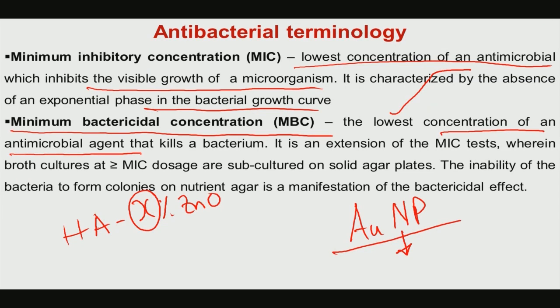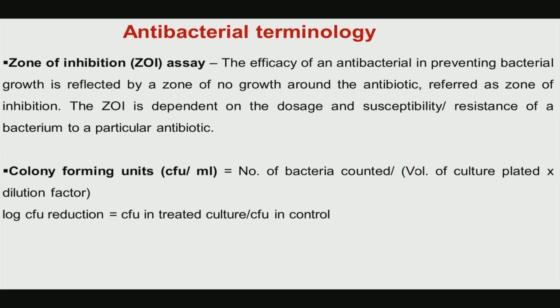It is an extension of the MIC test, wherein cultures containing greater than MIC doses are subcultured on solid agar plates. So you do the MIC test and extend it with doses greater than MIC, to see the minimum bactericidal concentration.